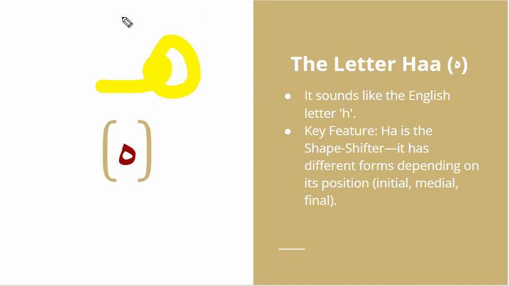But this is the connected form. When it connects to a letter, it will be like this, but in its standalone form, it's just a loop, a circle.